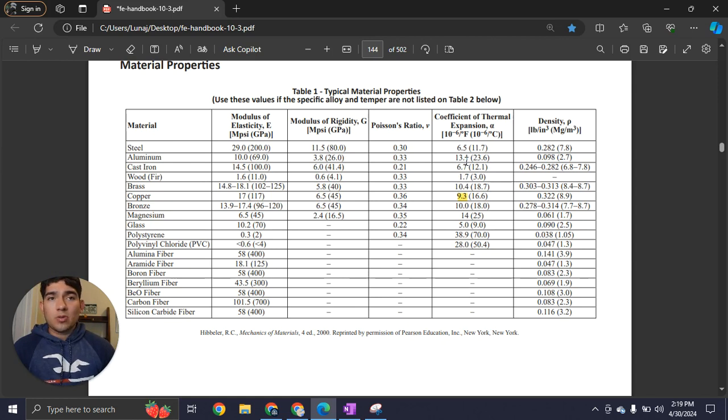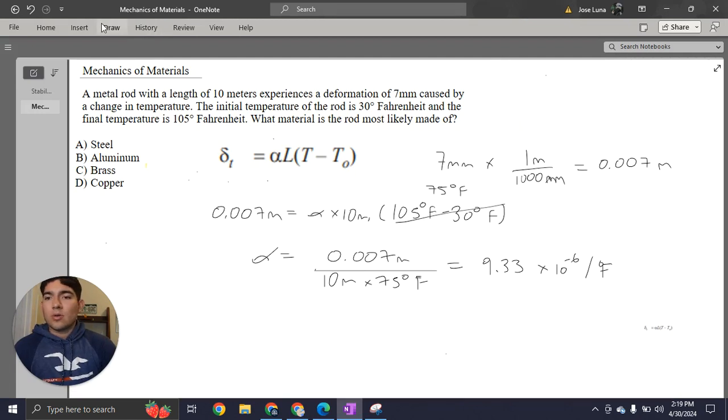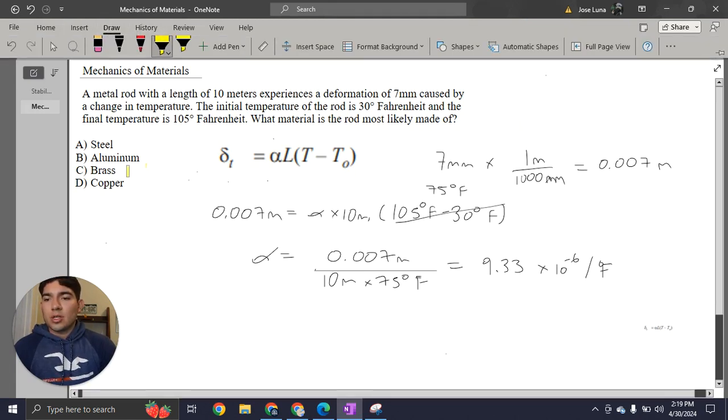That corresponds with what we got when we solved for our coefficient in the problem. And then once we go over to the material, we see that it is copper. So that means that in this problem, the answer is going to be D. So the material that was used is copper.